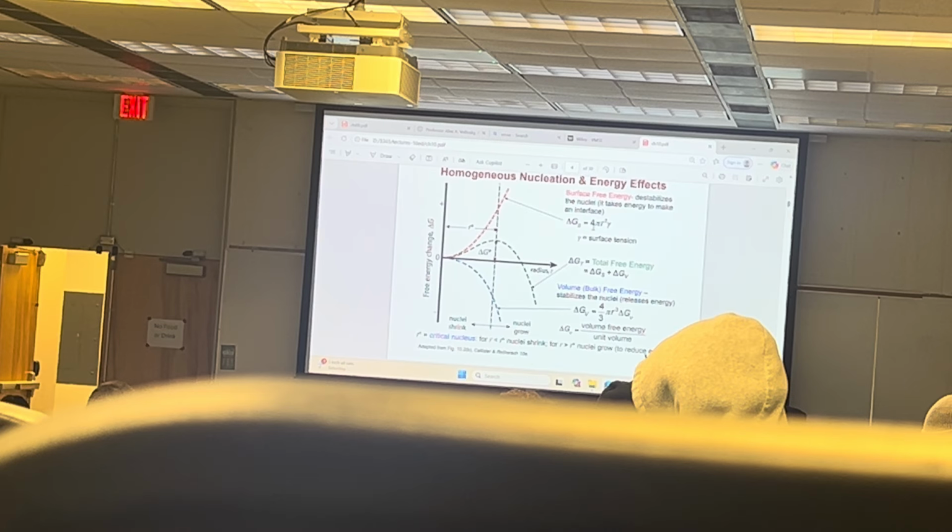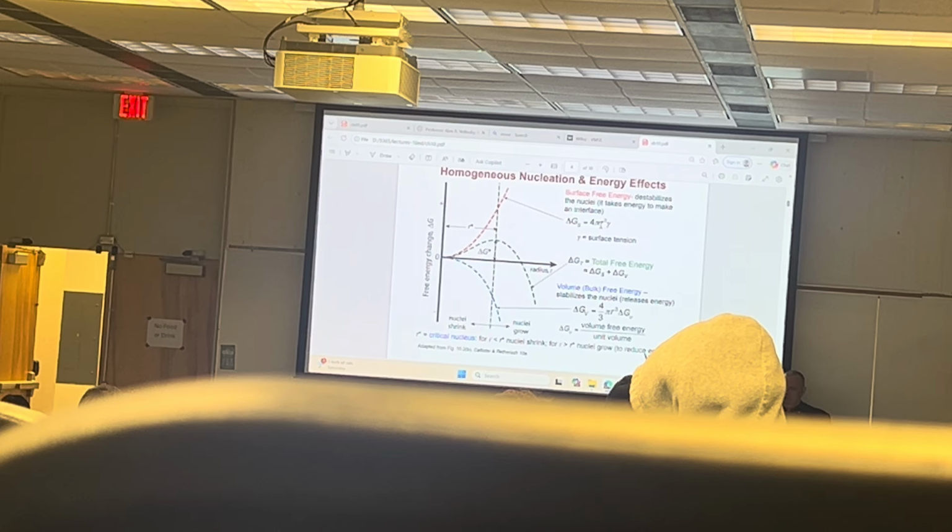It's equal to 4 pi r squared gamma. Gamma is the surface tension. So surface tension is trying to collapse your nucleus. Surface tension is a driving force to make it the smallest.